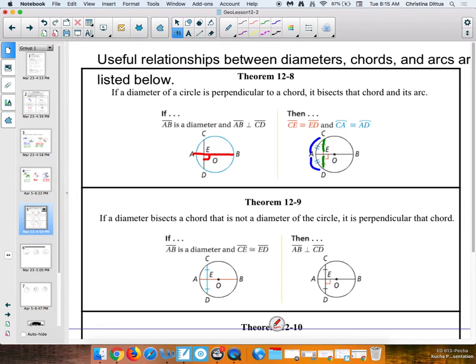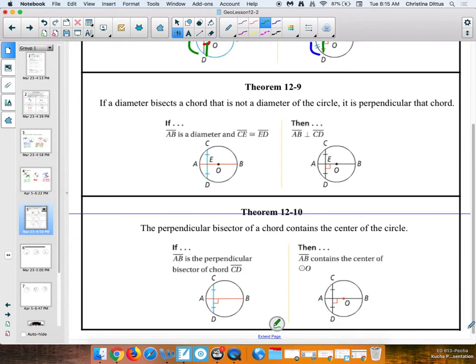Because the diameter comes through half your circle, right? So then this half stuff has to equal that half stuff. No, I get it. Okay, more diameter stuff. If the diameter, so we got our same little diameter, and you know that your lines are equal, so this time we don't have a right angle, we have those lines are equal, then you know you have a right angle.